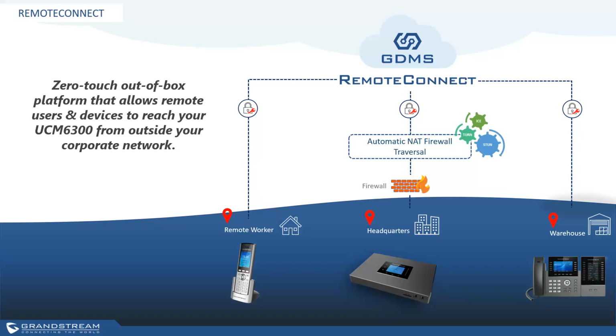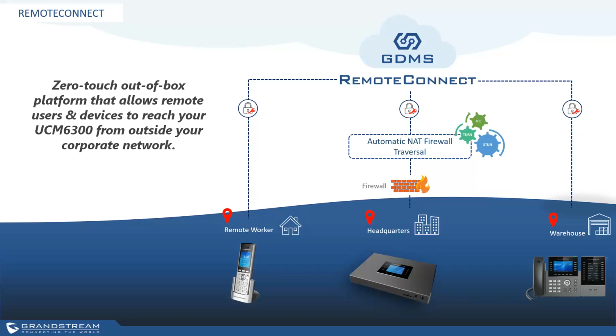And as you can see in the diagram, with RemoteConnect, all the traffic goes through GDMS. And GDMS basically creates a secure connection with the UCM to relay the traffic through. And also the connection with GDMS and the endpoint is also encrypted using TLS.